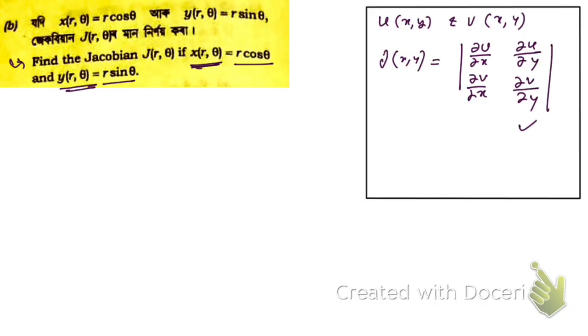So this is the Jacobian of these two functions. Okay, here we have the solution.